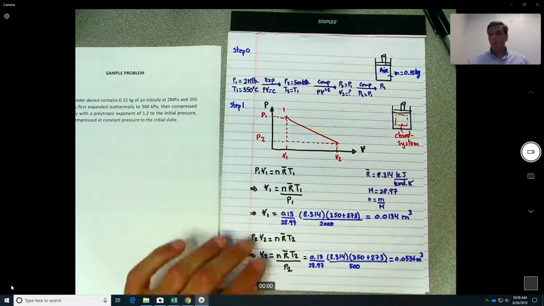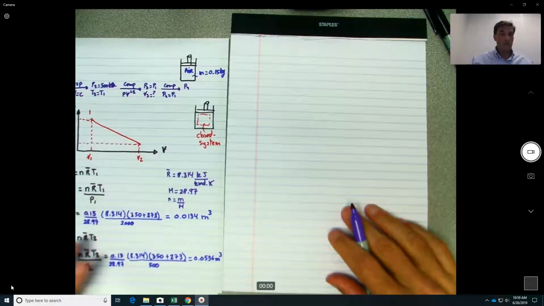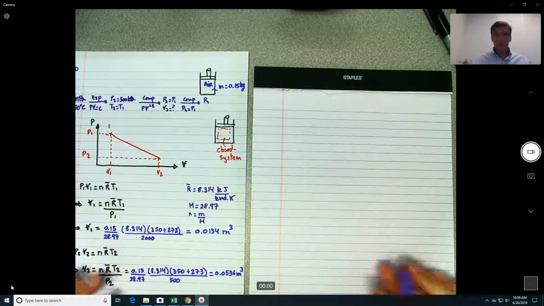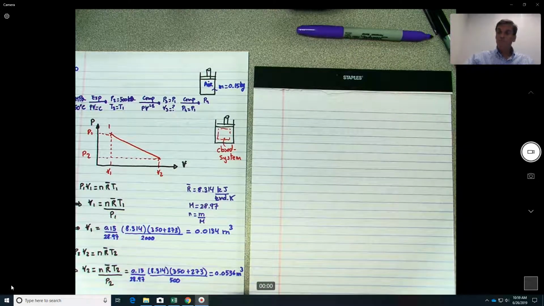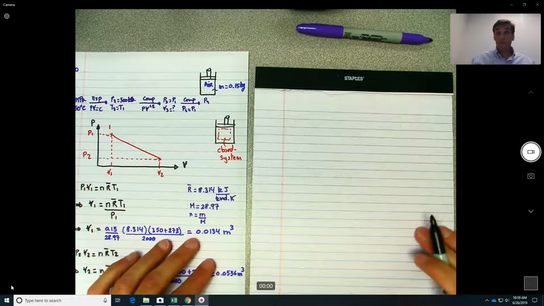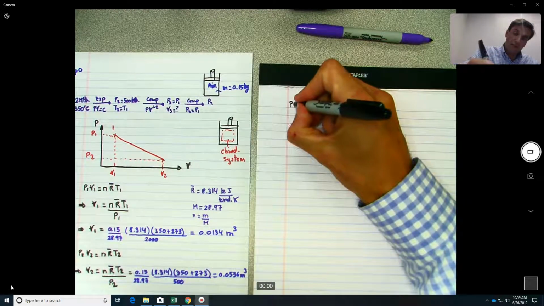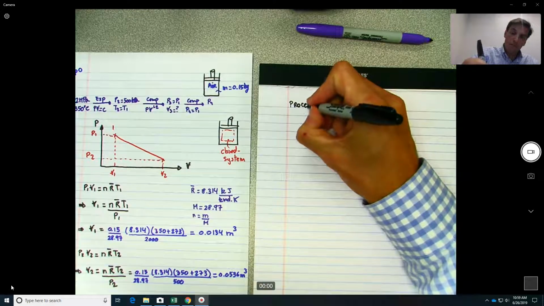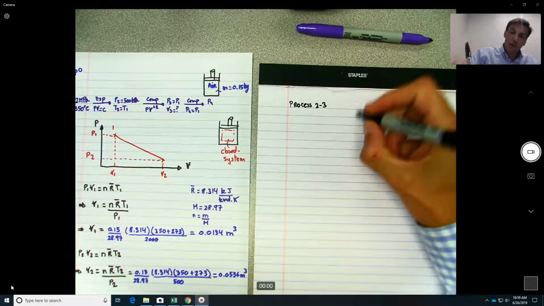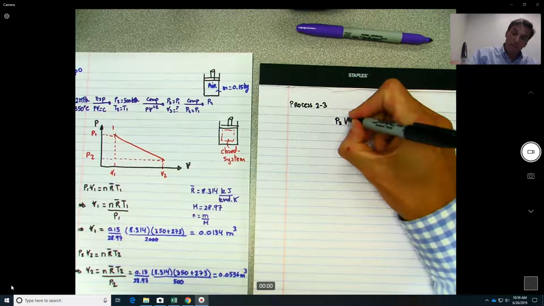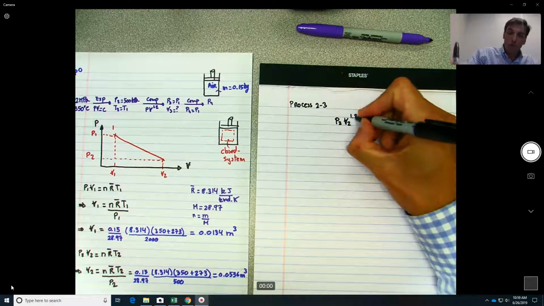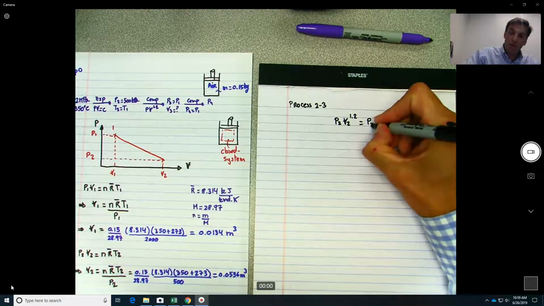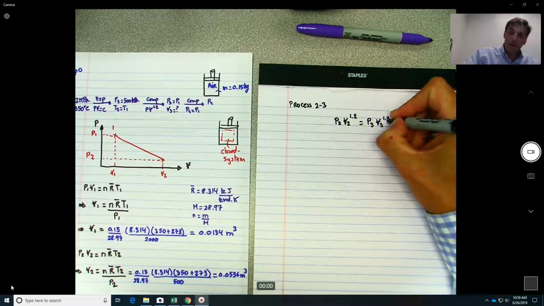In order to do that, for process 2-3, we know that P2 V2 to the 1.2 will be equal to P3 V3 to the 1.2.